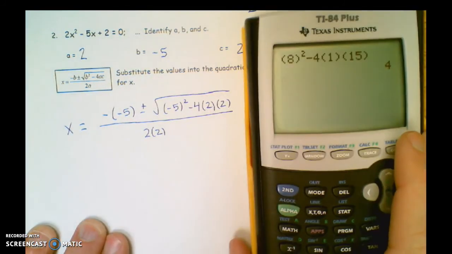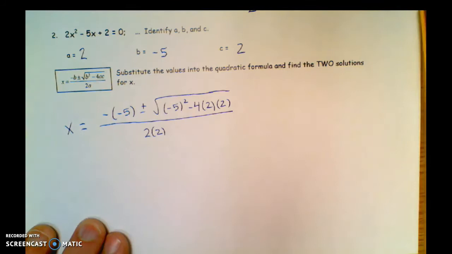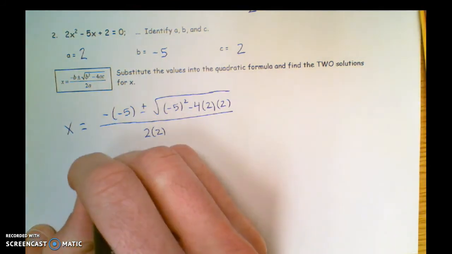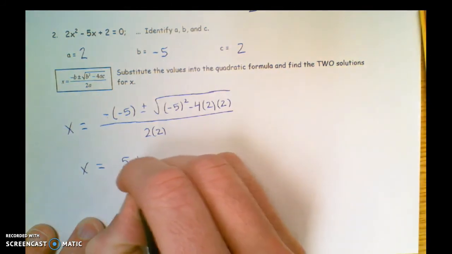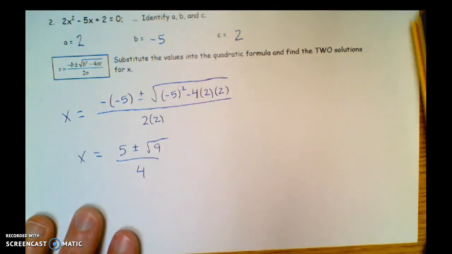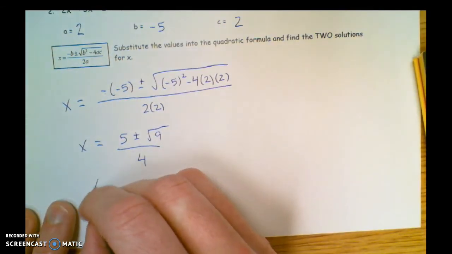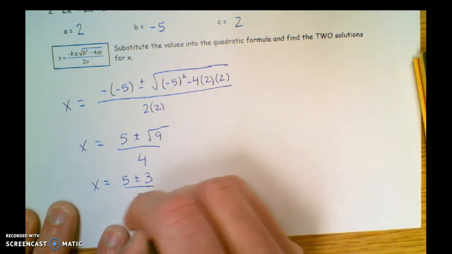So using your calculator, I'm going to focus on what's inside underneath the radical sign first. That gives me 9. So x equals, the opposite of negative 5 is positive 5, plus or minus the square root of 9 all over 4. The square root of 9 is 3, so that's plus or minus 3 over 4.